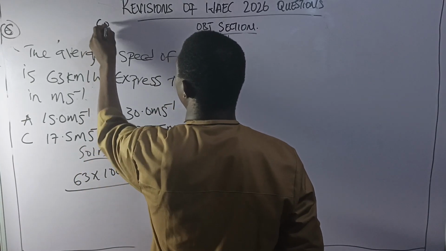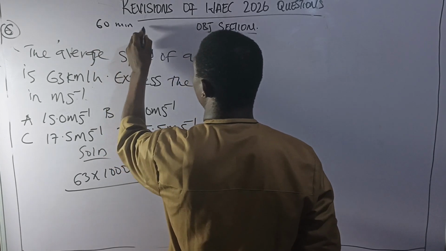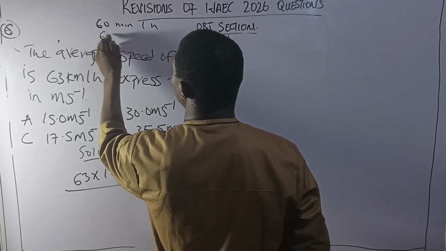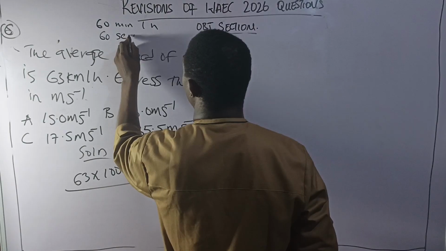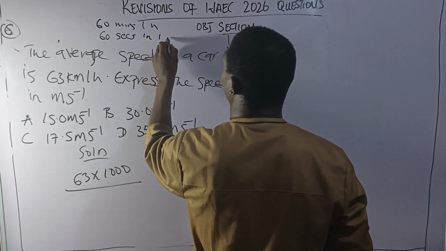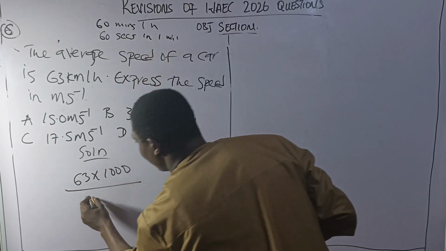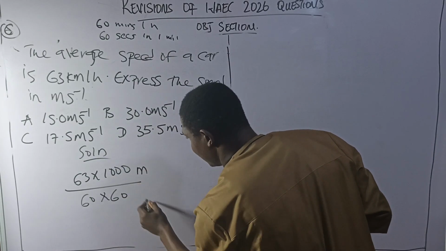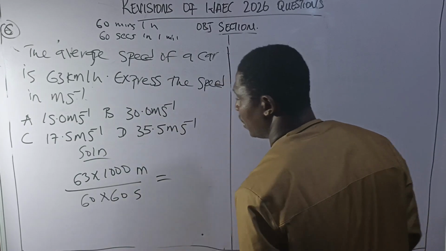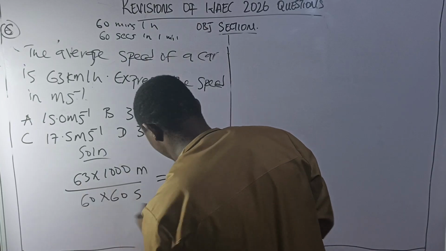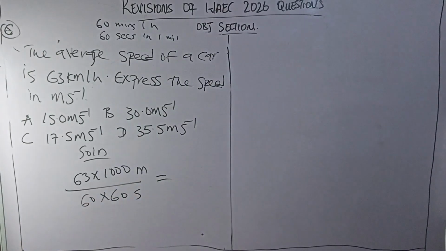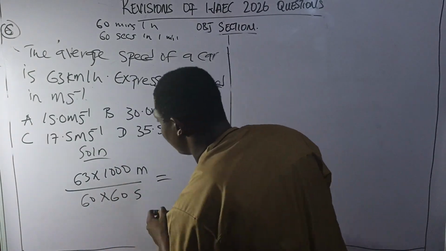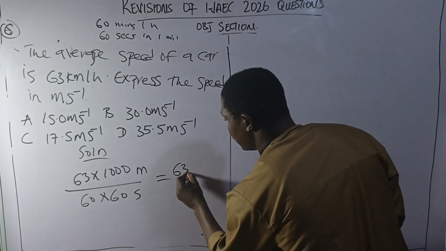How many seconds do we have in 1 hour? First we have 60 minutes in 1 hour. And we have 60 seconds in 1 minute. So we simply have 60 times 60. This is converted to meter, and this is seconds. Now if I use my calculator, this will give me 63,000.